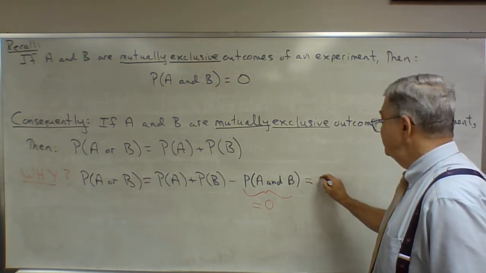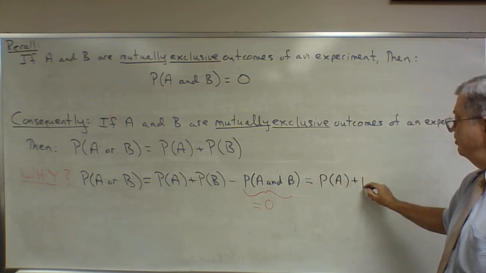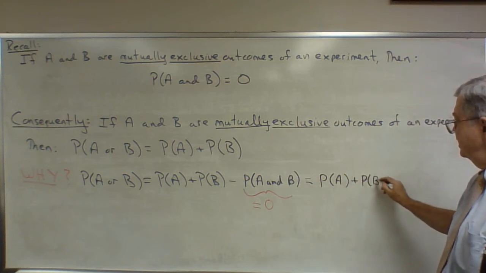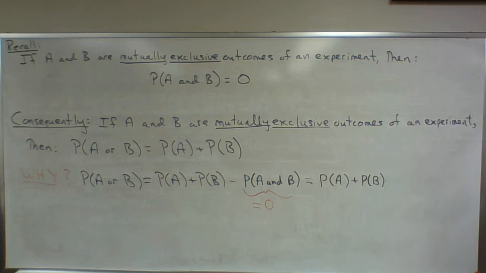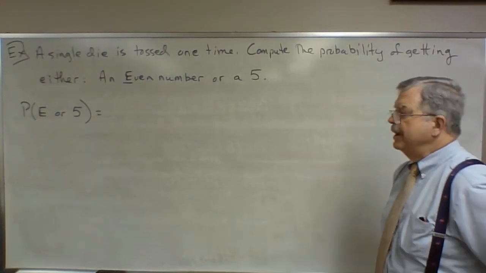And so we just end up getting the probability of A plus the probability of B. This is good.